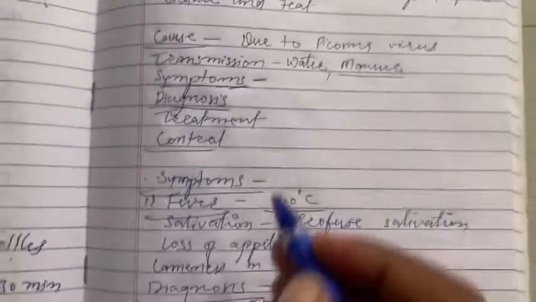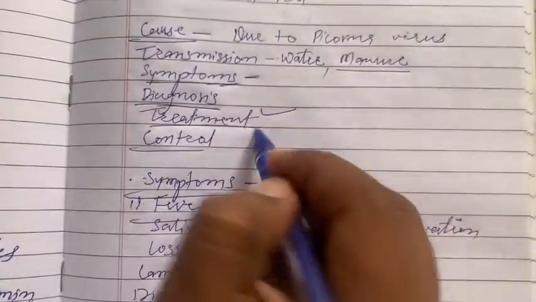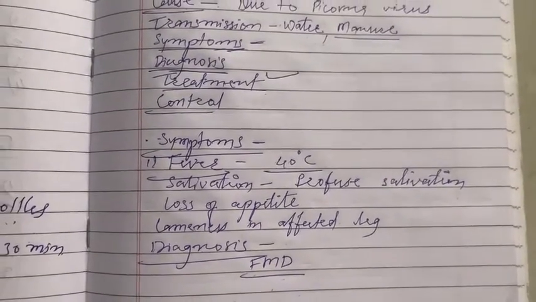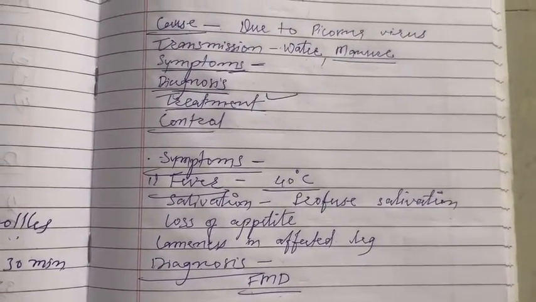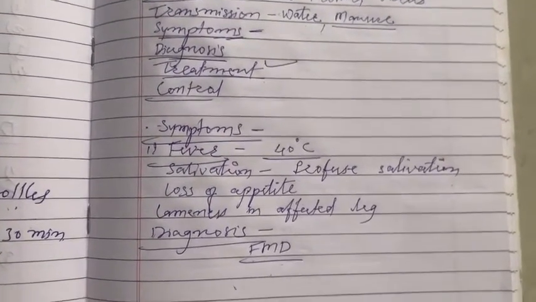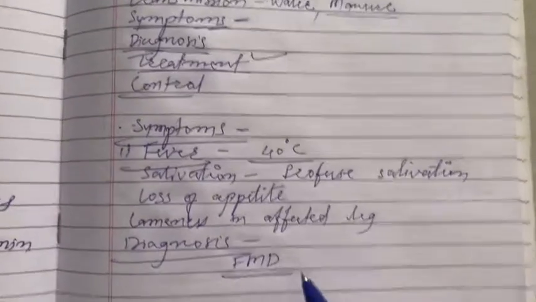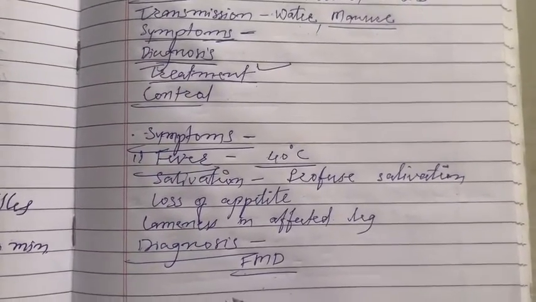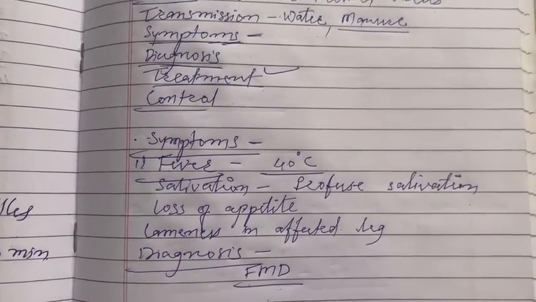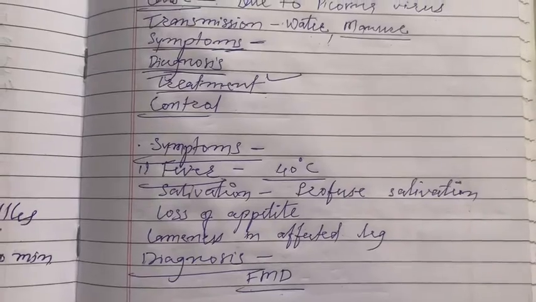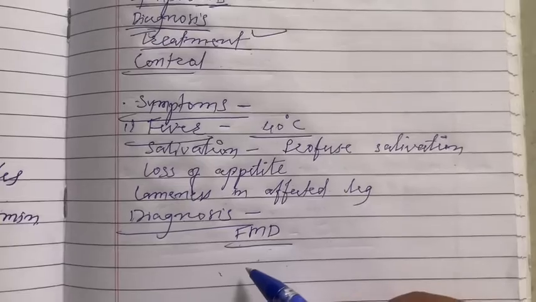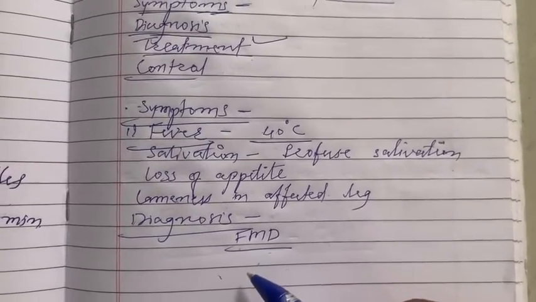Now we have to find out which treatment is available for FMD. The next point is the treatment. Generally this disease has no particular treatment. It means no treatment is available, but we may treat the animals with external applications like antiseptics, which contribute to the healing of ulcers and ward off attracted flies.